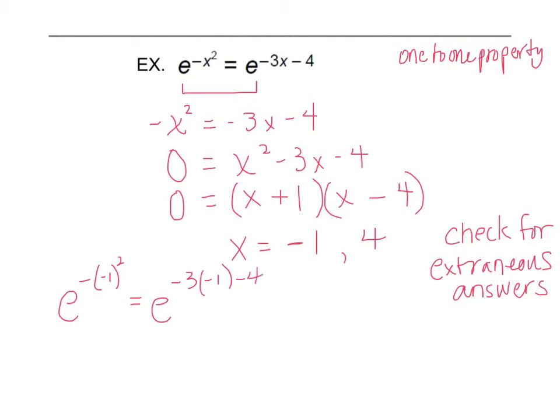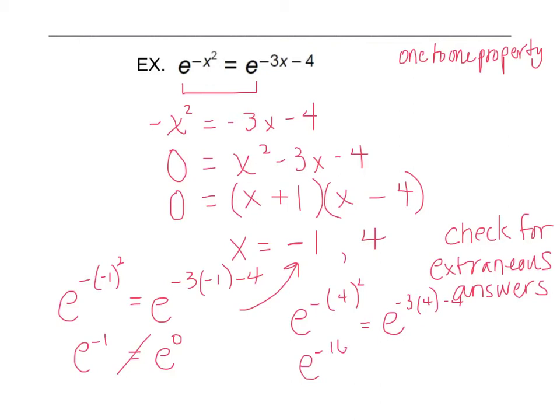Okay, so this is -1 squared, so this is e to the 1. This is -4 minus 4, which is e to the -8. They do not equal, so this is not an answer. That's not a solution. If I have e to the 4 squared, e to the 3 times 4 minus 4, this is 16.